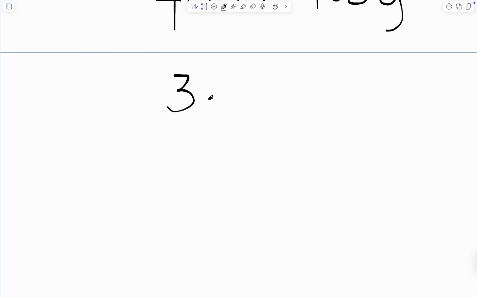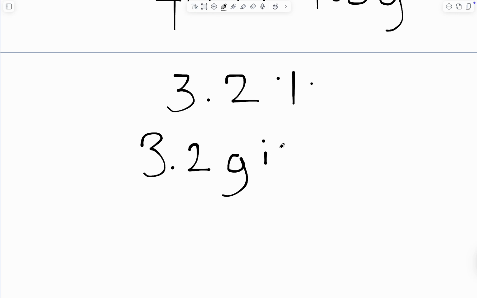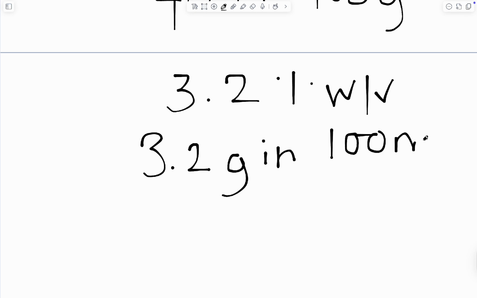So we could have 3.2%. Same premise. It's 3.2 grams in, in this case, I'm going to make it weight over volume again, so in 100 mL. So you always have that first number as your first digit. So that's what you mean by expressing it.